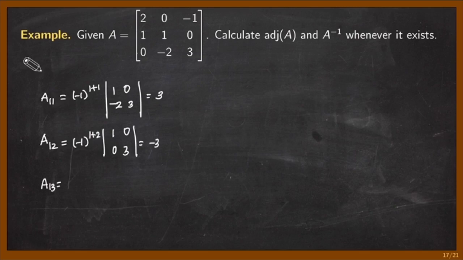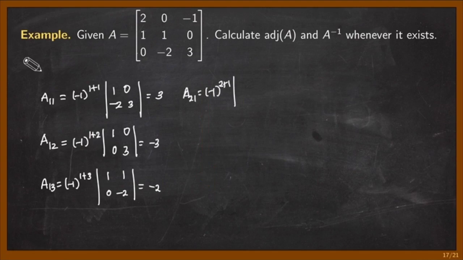The 1,3 entry: negative 1 raised to 1 plus 3. The matrix is 1, 1, 0, negative 2. So this is negative 2 times 1, negative 2. I'm going to now get the cofactors of the entries in the second row, so I'm going to place them in the second column. So 1, that's negative 1 raised to 2 plus 1. I delete this.